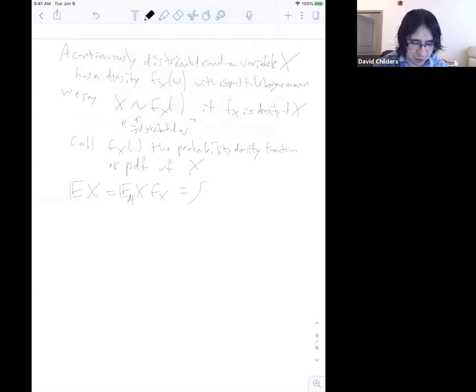And so this is equal to, using the equivalence to the integral, and we'll often use this integral just to mean the Lebesgue integral, the integral of X(omega) times f_X(omega) d omega. And so this is how you calculate expectations most of the time. Mostly you'll be given or propose some density, and then that will be the information that you need to calculate expectations, probabilities, and so on.